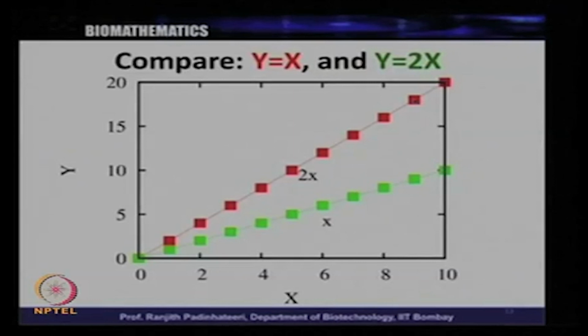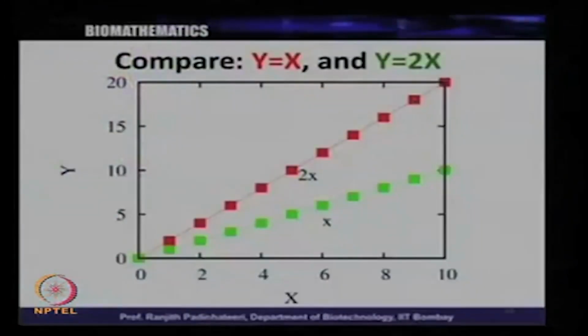So this is the basic difference. Always 2x is larger than x, which is evident from the graph, except for x equal to 0. We will come back to these two curves and their comparison in the coming lectures.